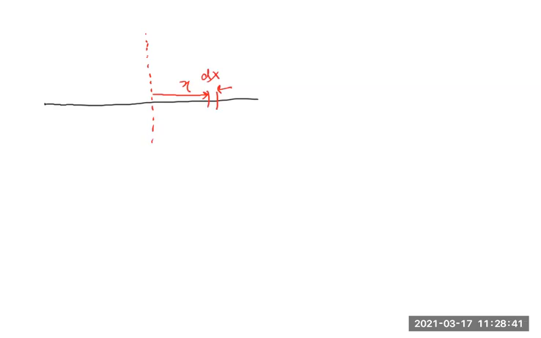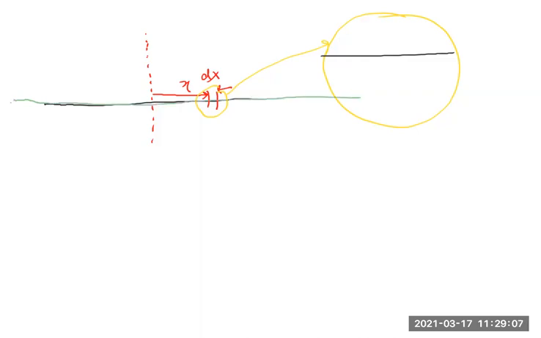Now, if you were to magnify this part, then all you would see is this. Okay? And if this object exists in one dimension, then obviously you know that dimension, right? At the back of my head, I know that this object exists along the x-axis, and therefore I have taken x and dx.